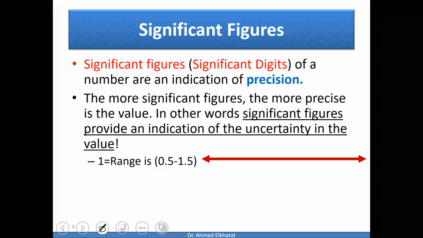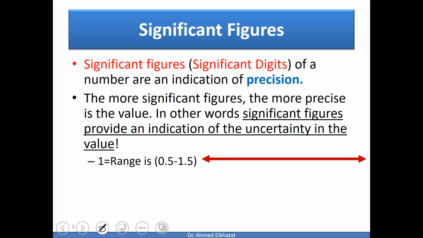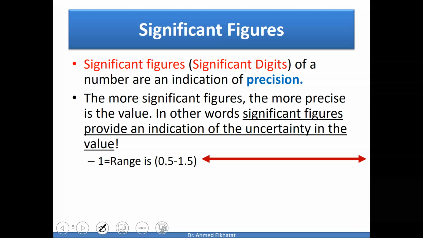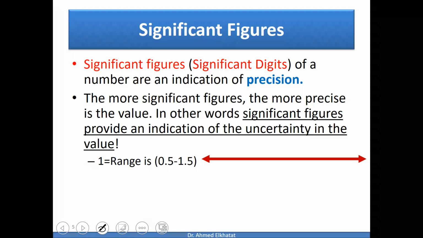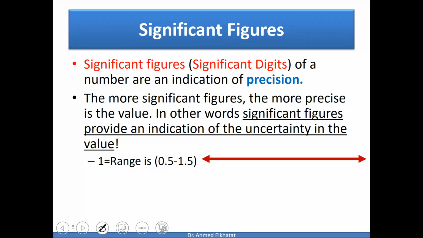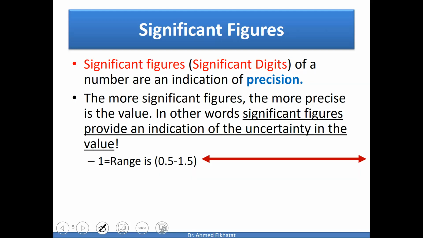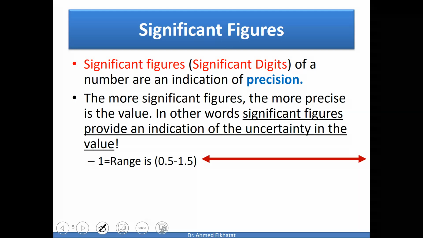So let's take this number, 1. If you have 1, I can say the range is between 0.5 and 1.5. But here, 0.5 is an included value and 1.5 is an excluded value, because as we said, 1.5 is rounded up to the next value, so excluded means any value less than 1.5.